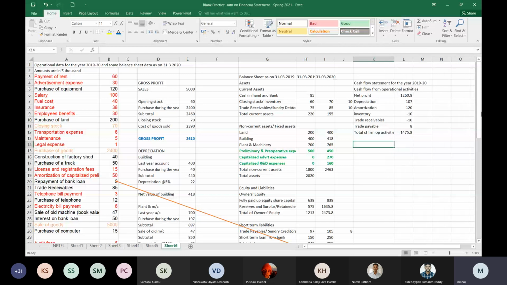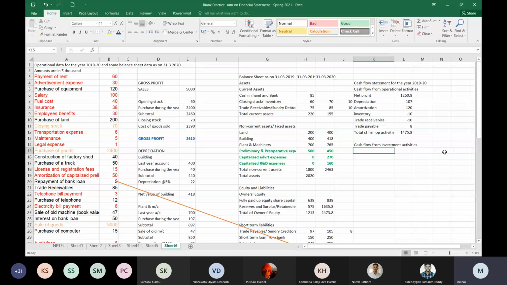Now financing activity. So cash flow from financing activities, or say investment activities first. Normally we do investment activities first. If you remember, investment activities are those wherein you buy assets, you invest capital in assets.